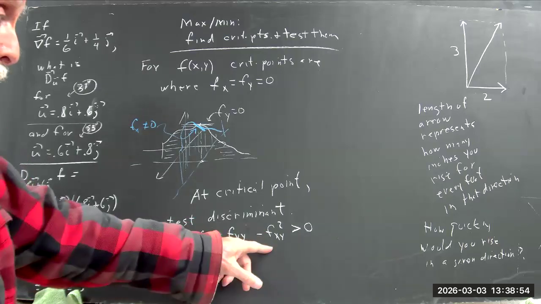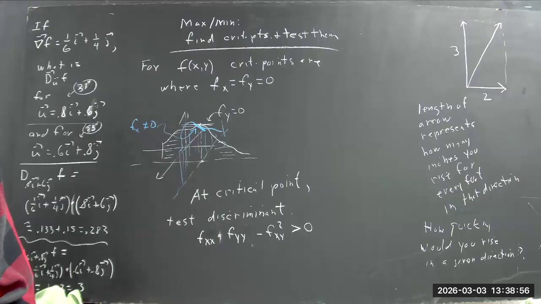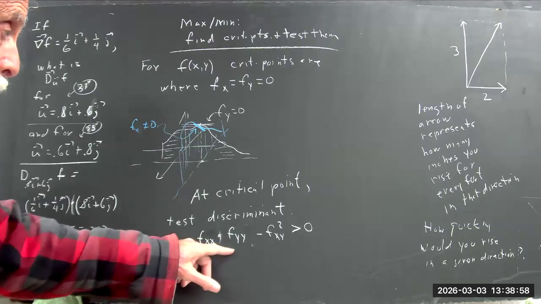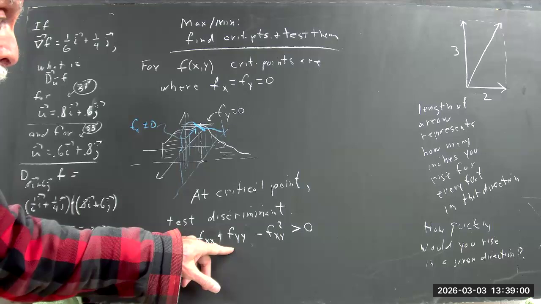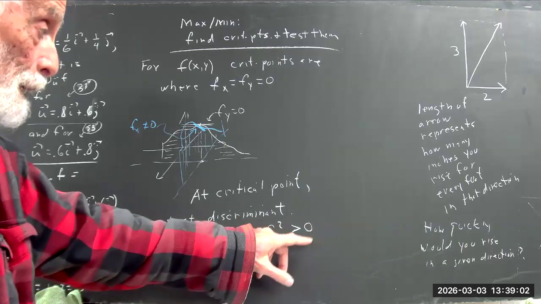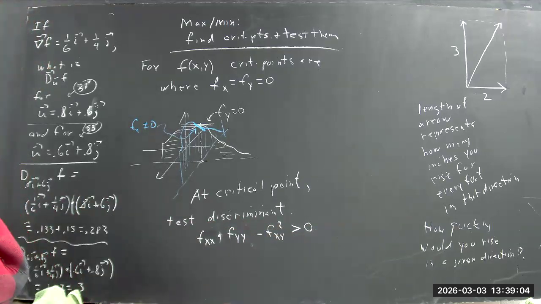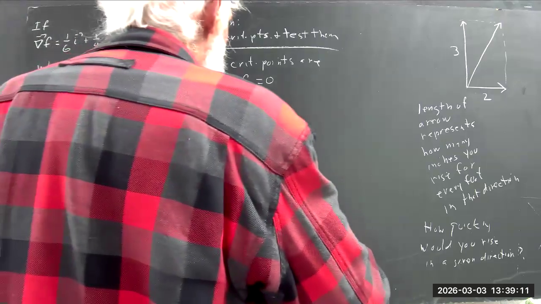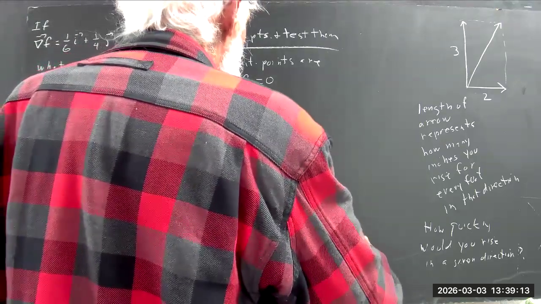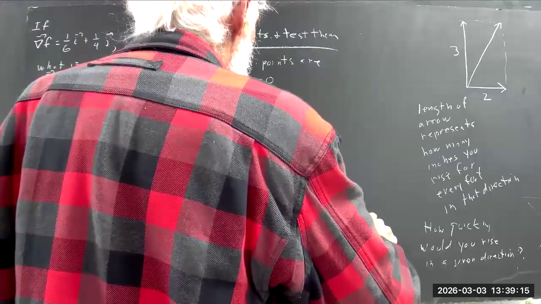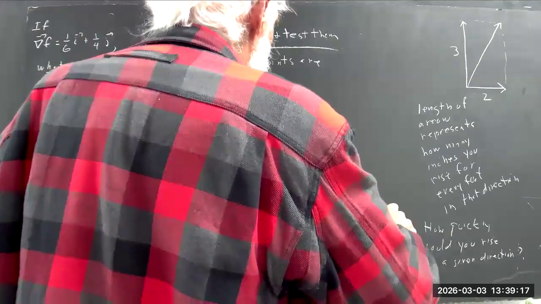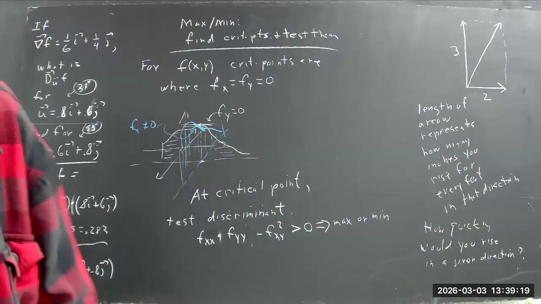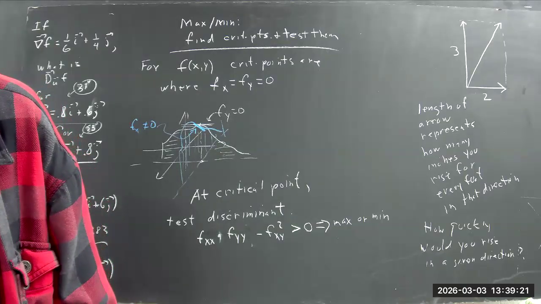And it doesn't matter what FXY is. If these have different signs, this is going to be negative, and whatever this is, you're still going to be negative. You're not going to be greater than 0. So that test gives you a maximum or minimum.